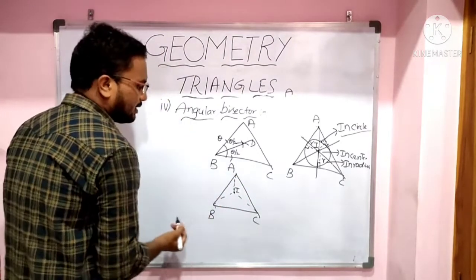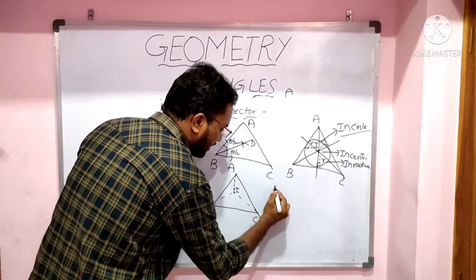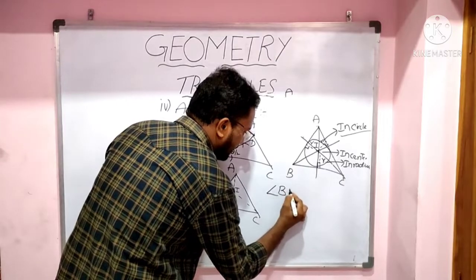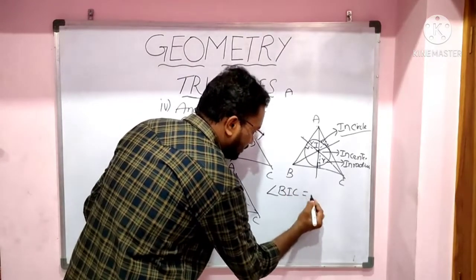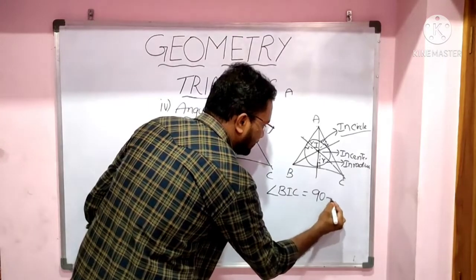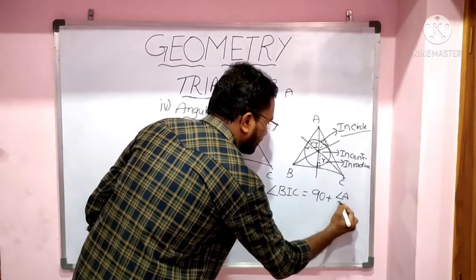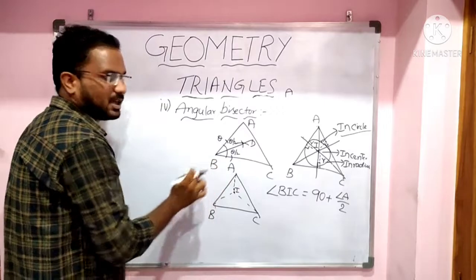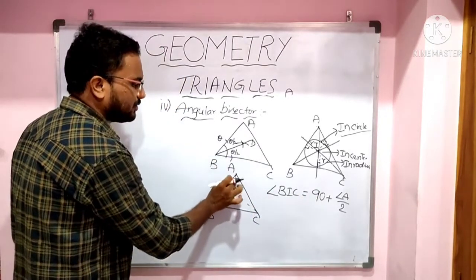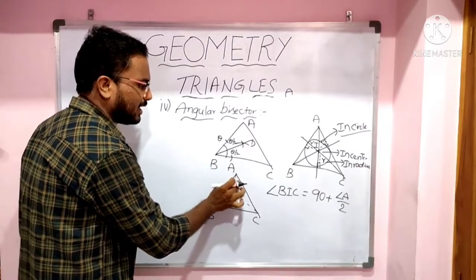Then we have one property: angle BIC equals 90 plus half of the opposite vertex angle. The opposite vertex angle is angle A, so angle BIC equals 90 plus angle A by 2.